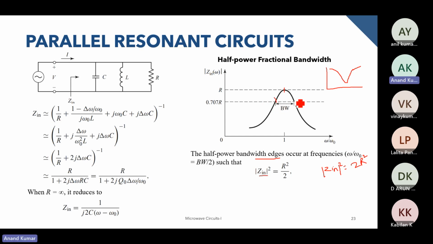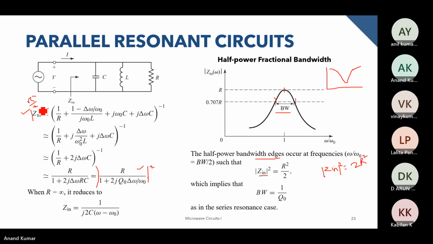But yeah, if you calculate this bandwidth and try to simplify the term, from here and here, all you need to do is just take the mod of this term over here, substitute R by R square by 2 over here, and things would cancel, and you'll get the result.